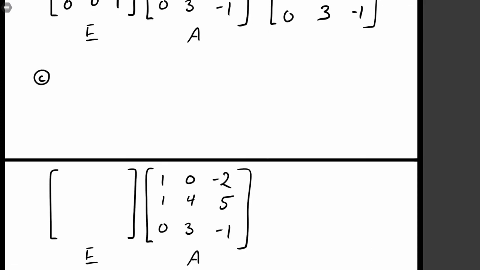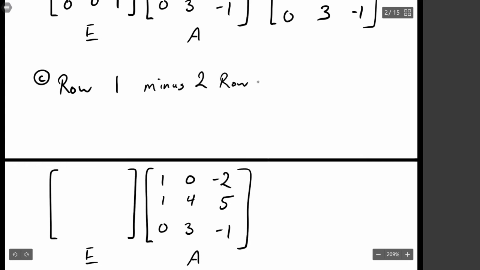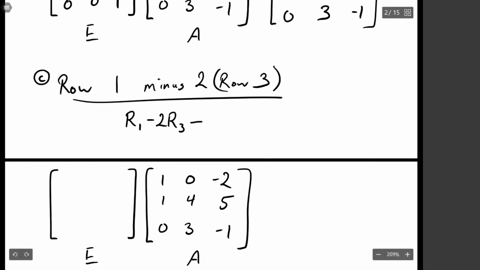Let's do row 1 minus 2 times row 3. So the row operation we're looking at is row 1 minus 2 row 3, and we're replacing row 1 with that specifically.